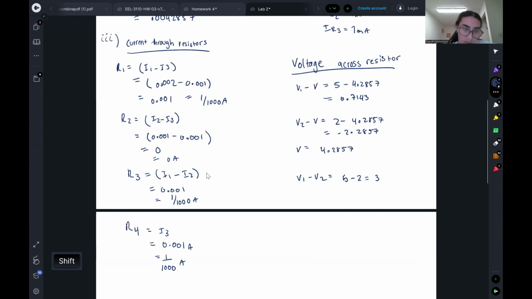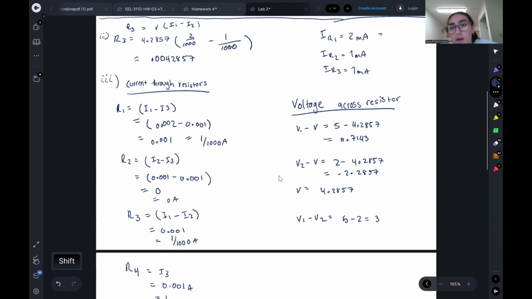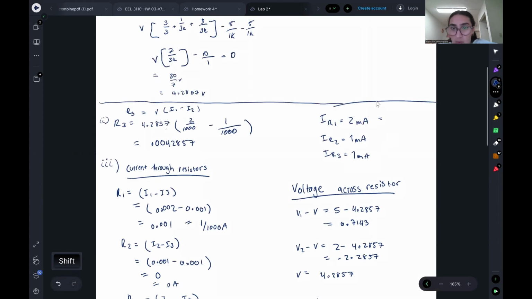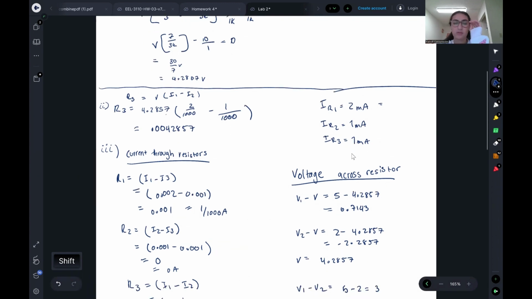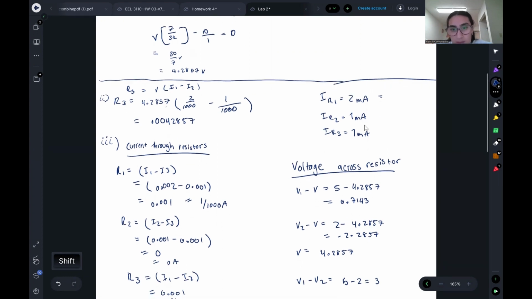And then for resistor number 3, I did current number 1 minus current number 2, which is 1 over 1000 amps. And then resistor number 4 is just current number 3, which is 1 over 1000 amps. All these numbers were provided by my teammate, the currents, and they were in mega amps, and I just converted it to amps at the end.